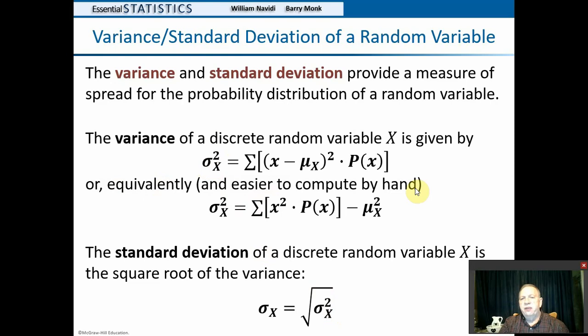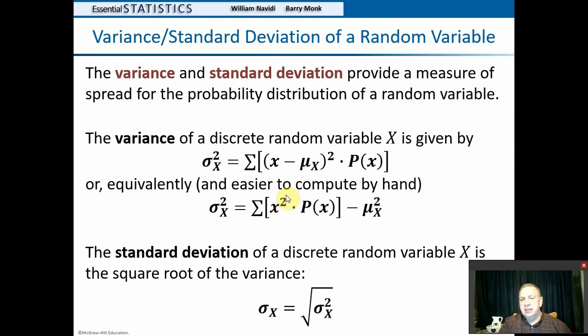So here, if I'm doing these by hand, instead of doing all of these subtractions and then squaring and then multiplying times the probability, it turns out it's easier. I've already got to get this mean, the x times p of x.